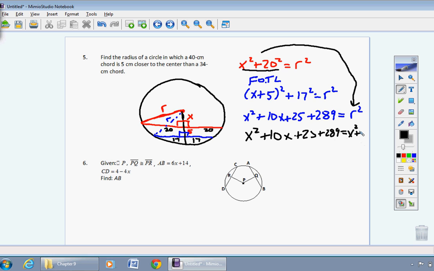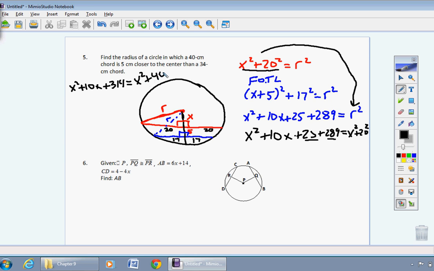I'm running out of room. So if I simplify this, 25 plus 289, I'm going to write this over here now. I have x squared plus 10x plus 314 equals x squared plus 400.